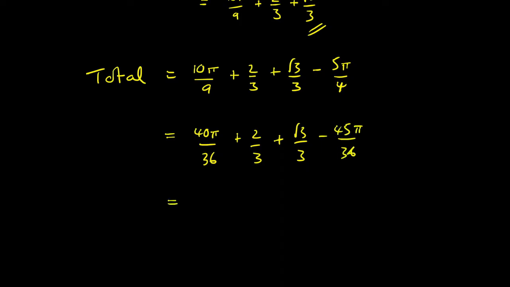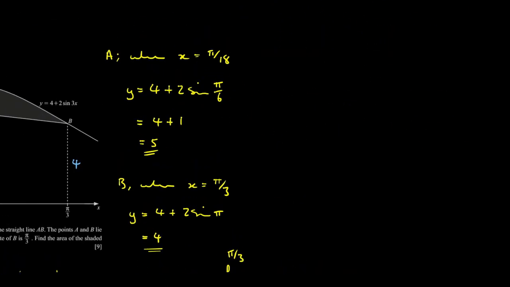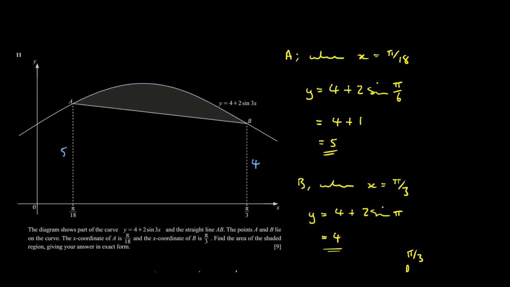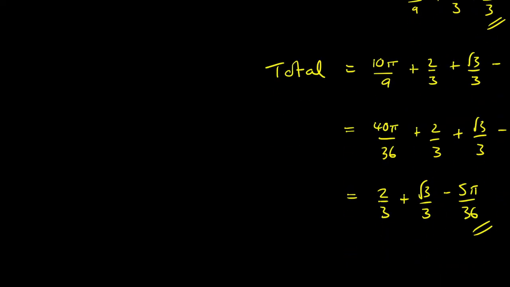And so then if I simplify all that, that's going to be 2/3 plus root 3 upon 3 and minus 5 pi upon 36. Okay, and my answer, I think, needs to be in exact form, according to the question. Yeah, give our answer in exact form, so that should be it.